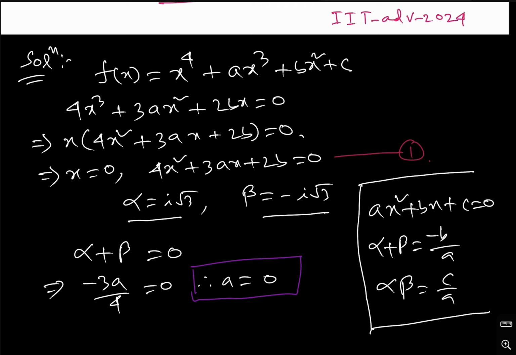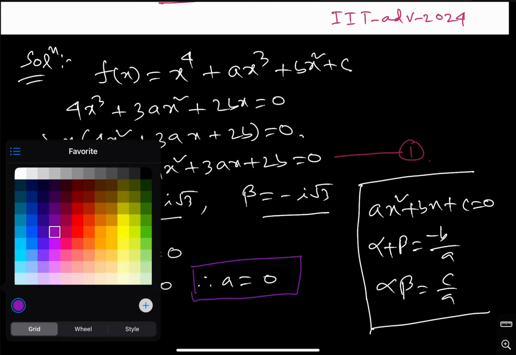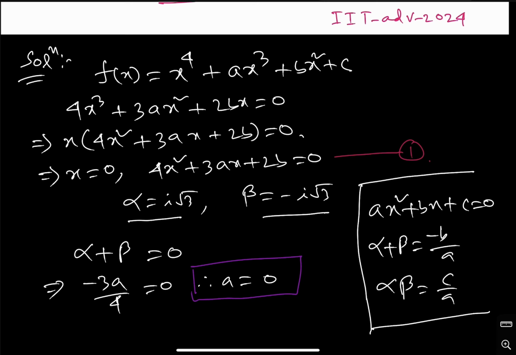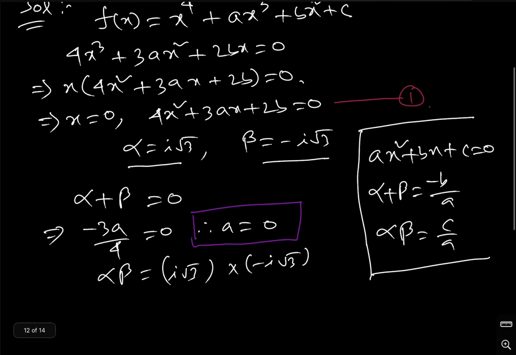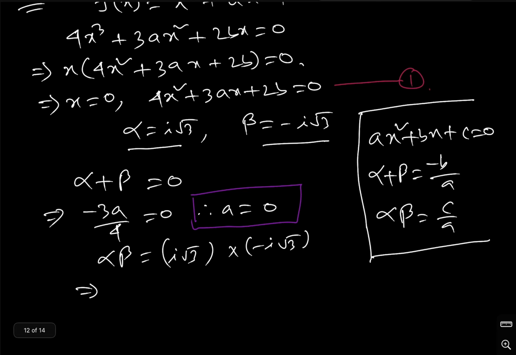Now look, the product of the roots will be i√3 and -i√3. Also αβ will be 2b/4. This will be -i²·3.